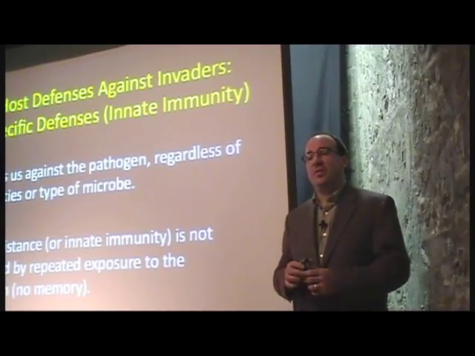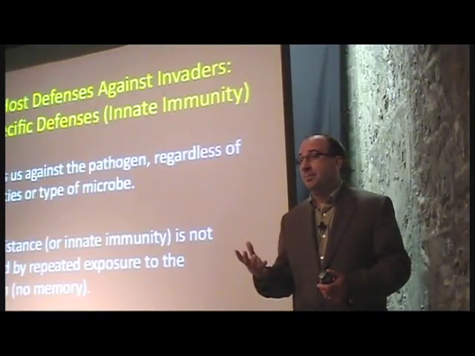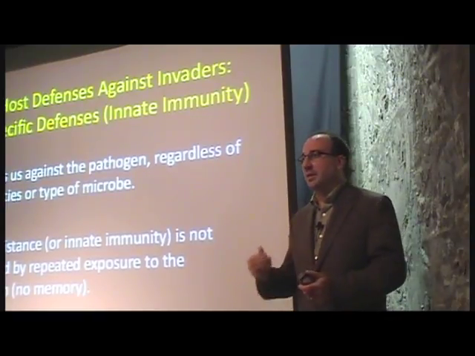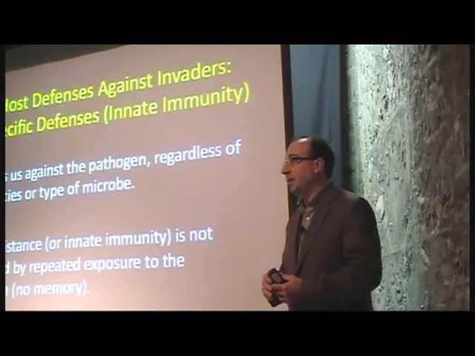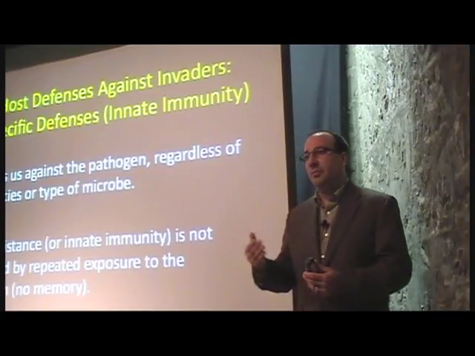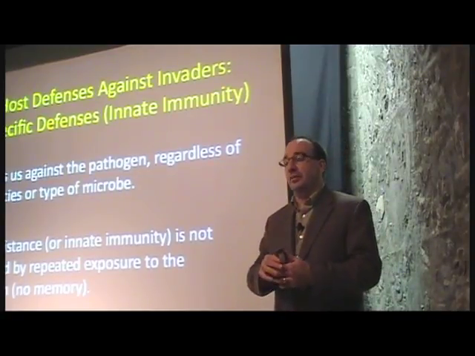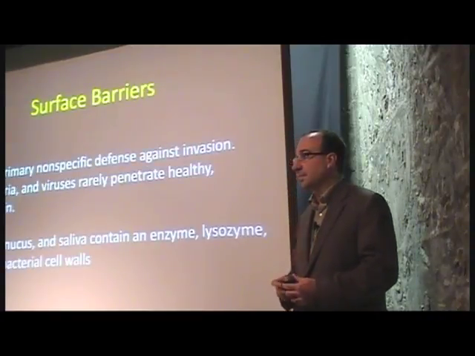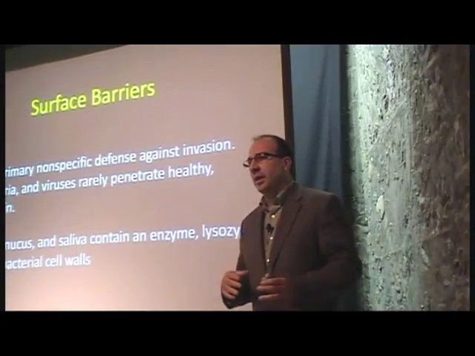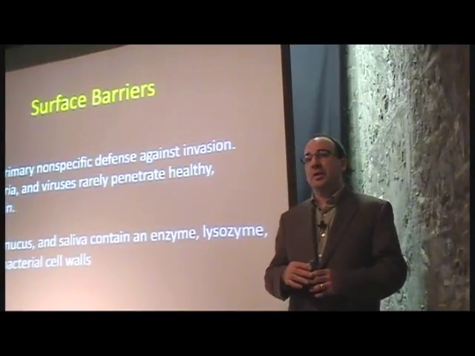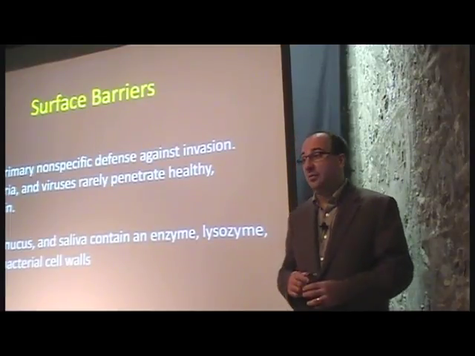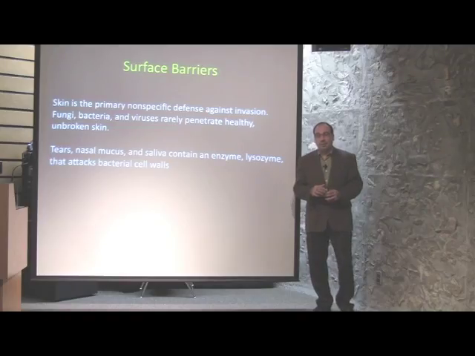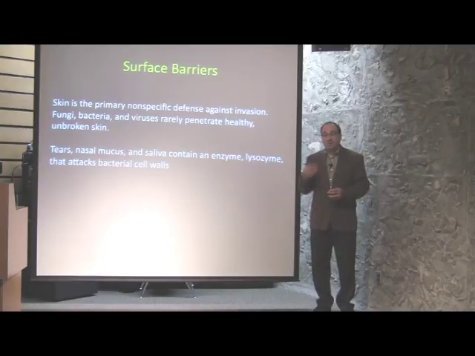The innate immune system is characterized by a lack of memory, so it doesn't improve with repeated exposures to the same pathogen. The innate immune response is always on and often represents the first barrier to viral replication. We've already talked briefly in the last lecture about things like surface barriers, which are a prime example of the innate immune response. So the skin represents an impenetrable barrier to viral infection.